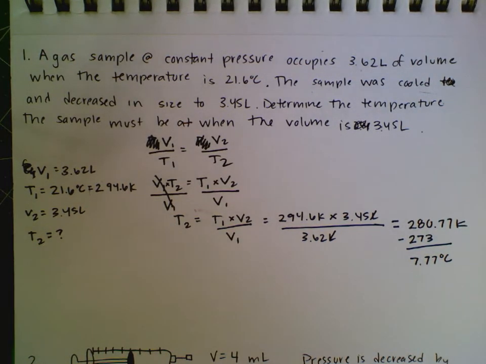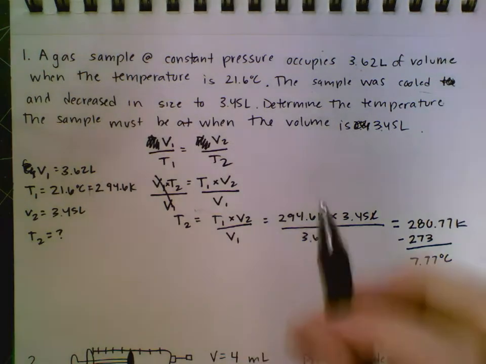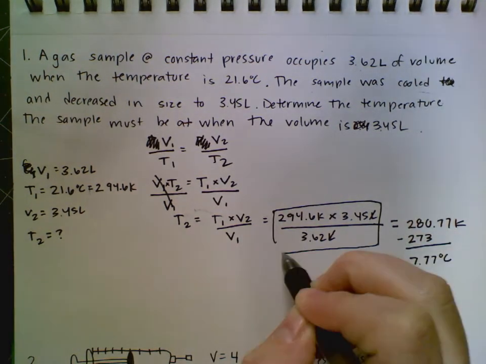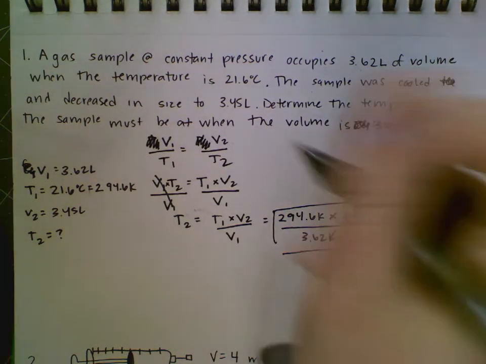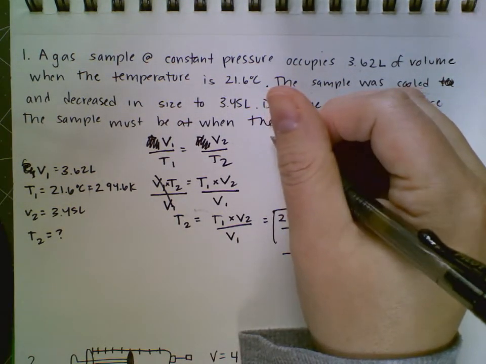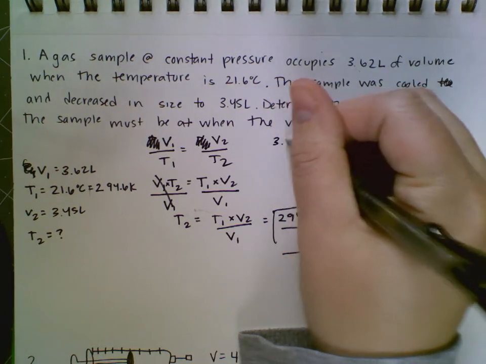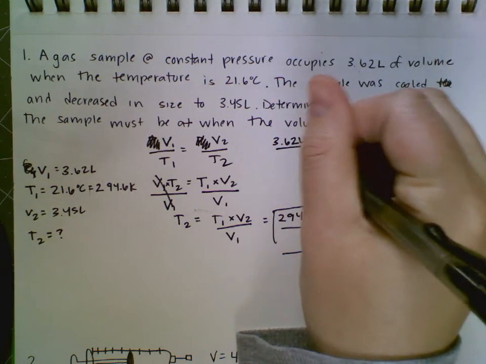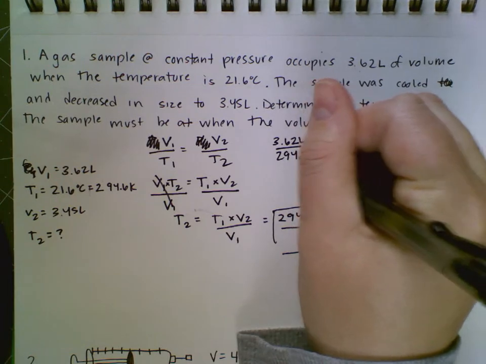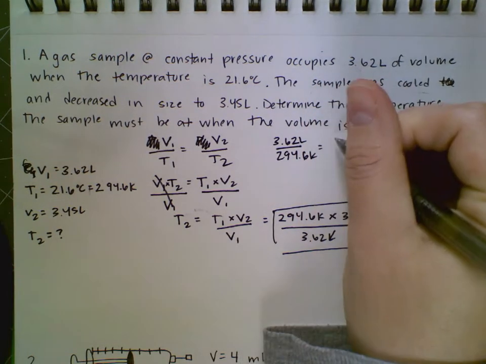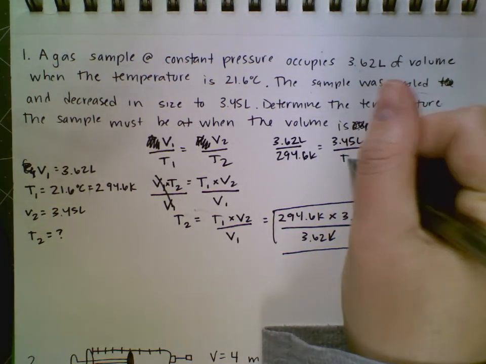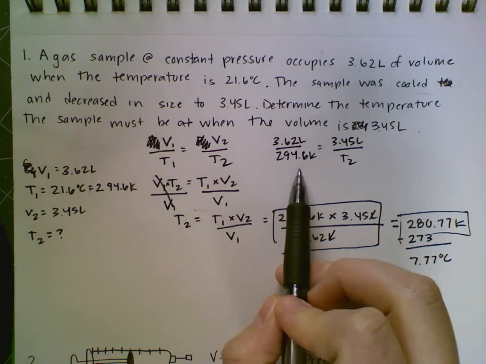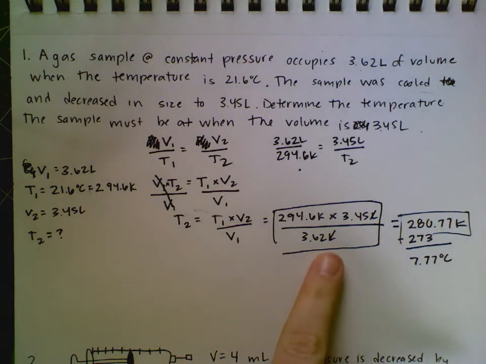In terms of what I want to see, I need to see this rearranged math and your final answer. If you put your numbers in right away, so let's say you put in 3.62 liters over 294.6 Kelvin, and then it's equal to 3.45 liters over T2, and then you give me the answer without showing me this work in the box, I am not going to give you credit.